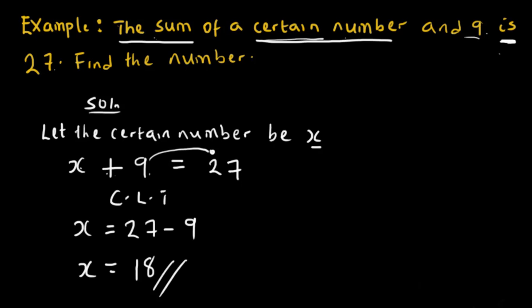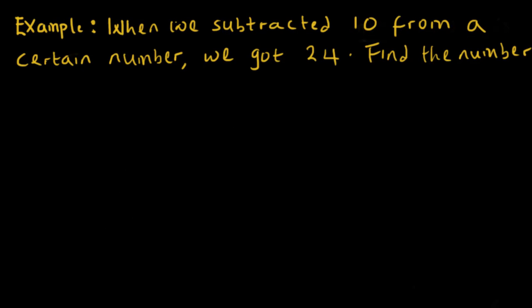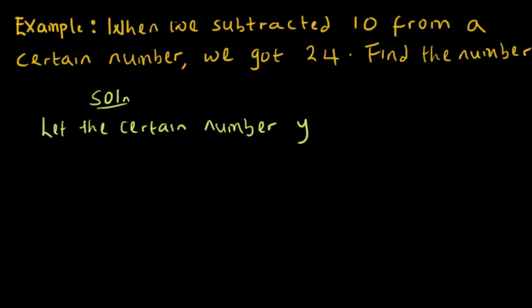Let's take another example. We have this question: when we subtracted 10 from a certain number, we got 24. Find the number. Now remember, we say let the certain number be any letter. We can use y here. Now we go to the question. When we subtracted, what does it mean to subtract? That's minus. We subtracted 10 from, so which would come first?